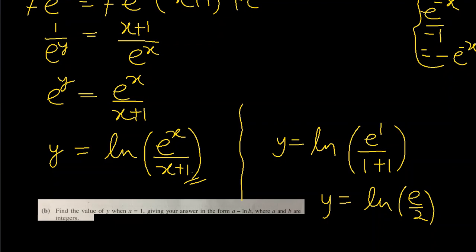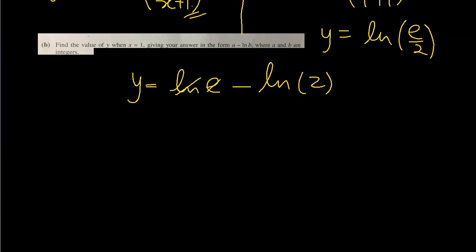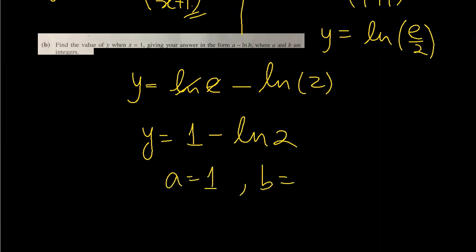To change it to that format, we need to separate e and 2. So y equal to ln e minus ln 2, because they are dividing. When they separate, they subtract. So ln and e cancel out. That's 1 minus ln 2. So A is 1 in this format, B is 2.